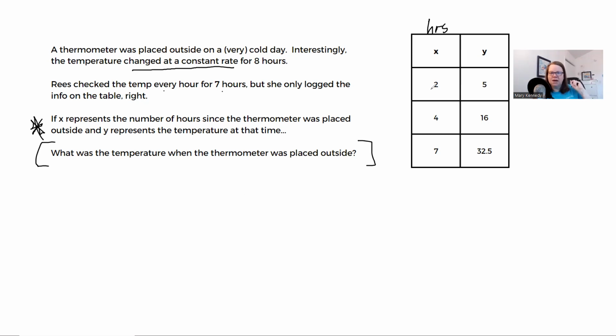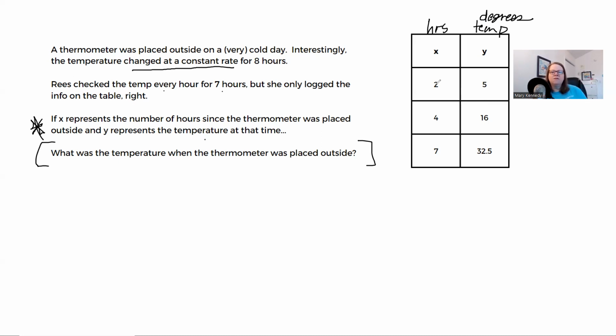So it was put outside 2 hours later. And y represents the temperature at that time. Okay, so y is the temp, or the degrees. Those are both ways to characterize or label it.